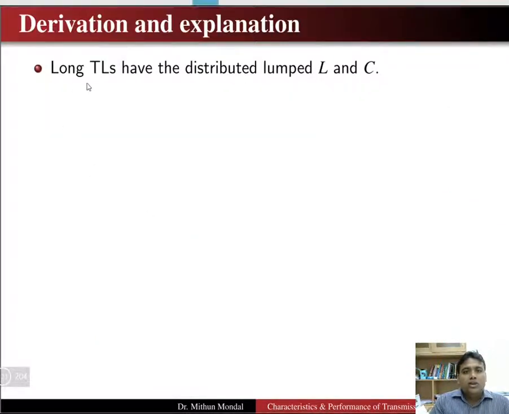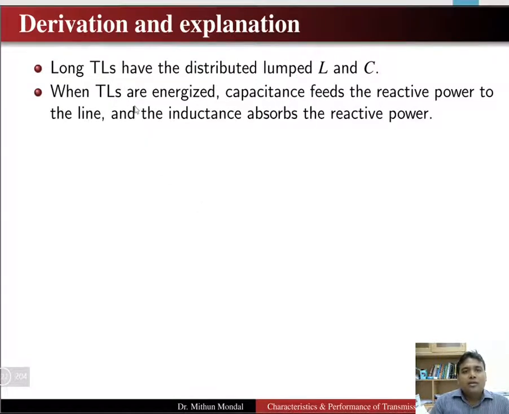Now the long transmission line has distributed inductance and capacitance. This we have seen in the last lecture. Long transmission line generally will have distributed parameters rather than lumped parameters. So when the transmission line is energized, the capacitance will feed the reactive power to the line and the inductance will absorb the reactive power. We know that the reactive power can be either positive or negative.